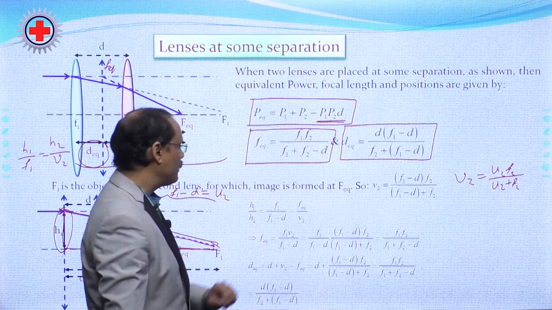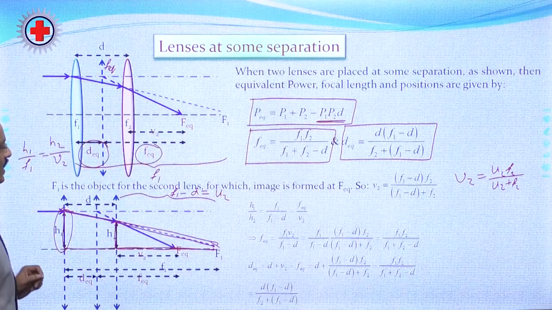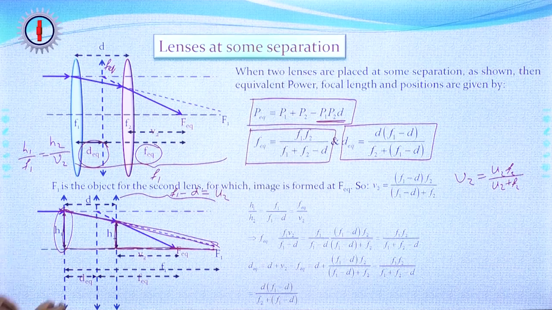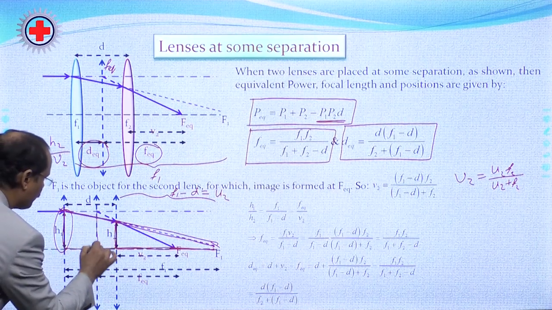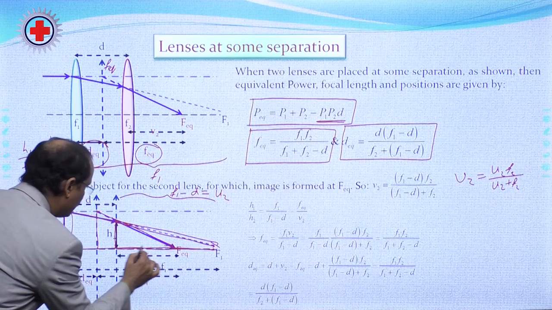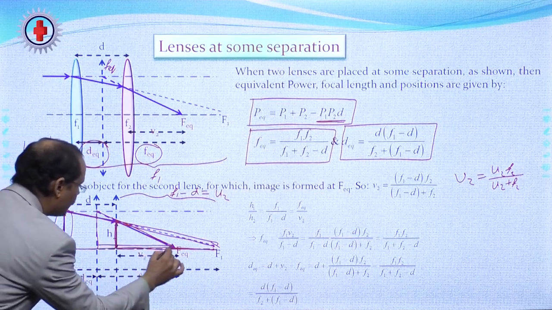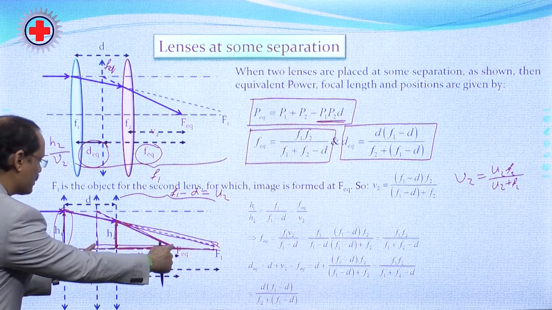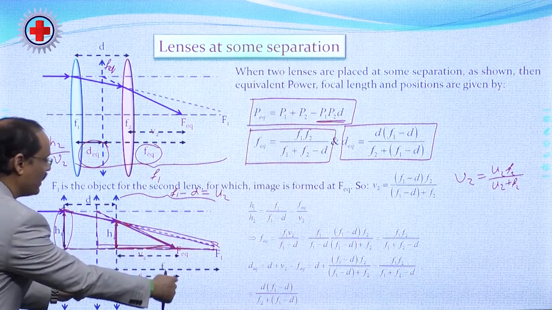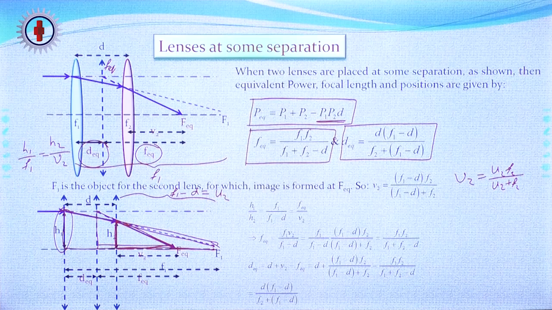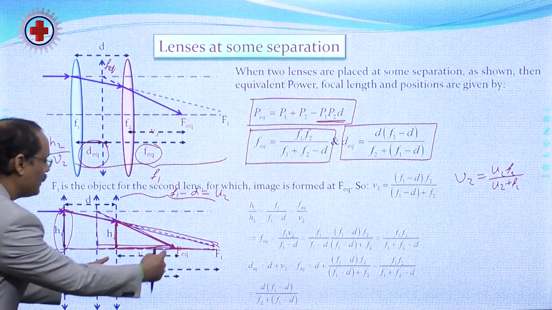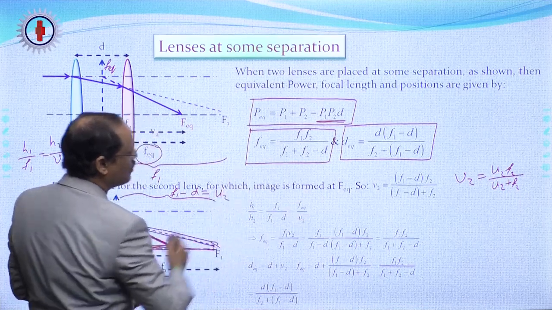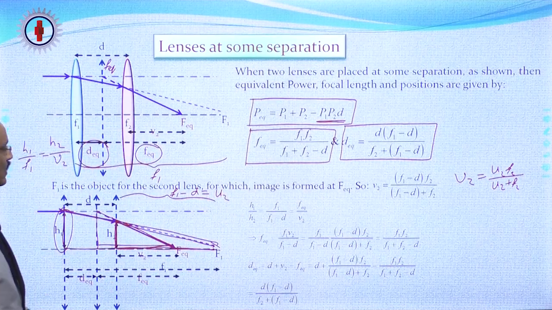So, f equivalent by v2, that we will get here. For the next one, you could see this particular triangle and the smaller triangle. So, h1 by f equivalent is equal to h2 by v2. So, h1 by h2 comes out to be f equivalent by v2.